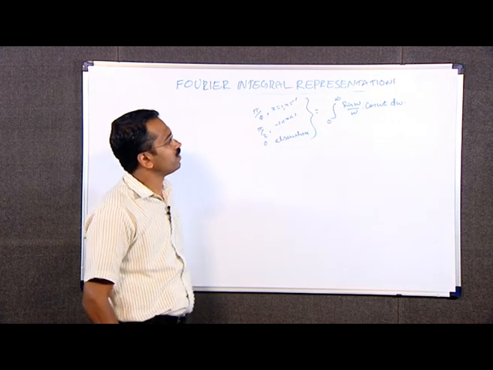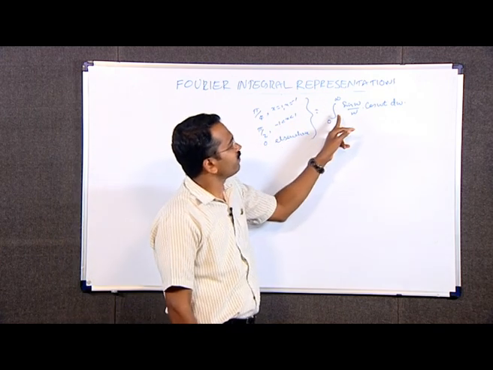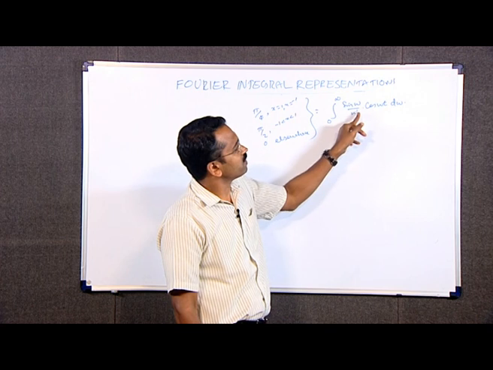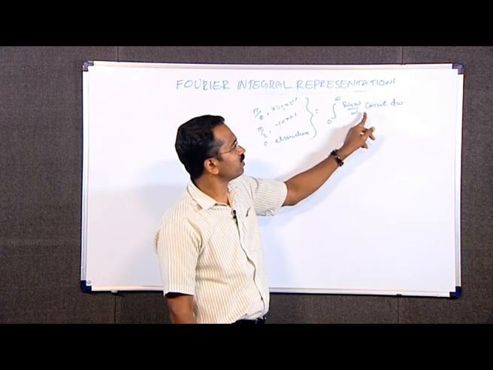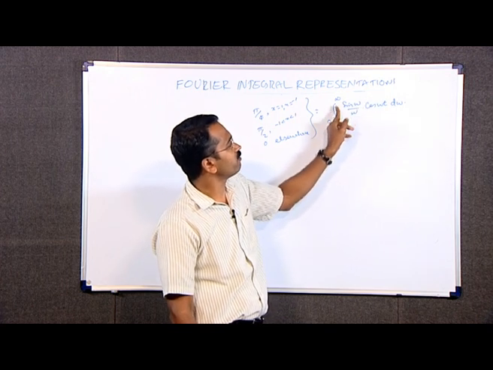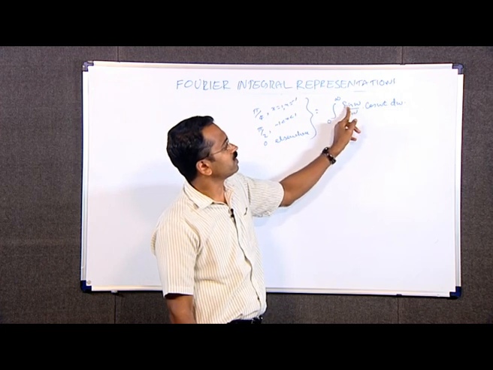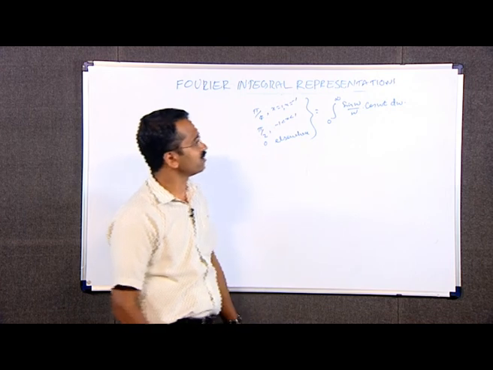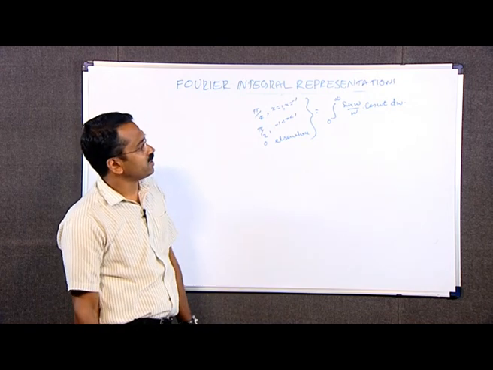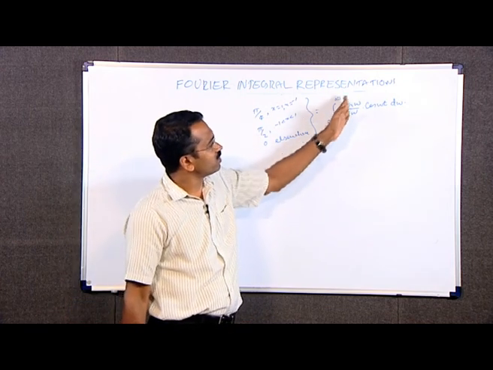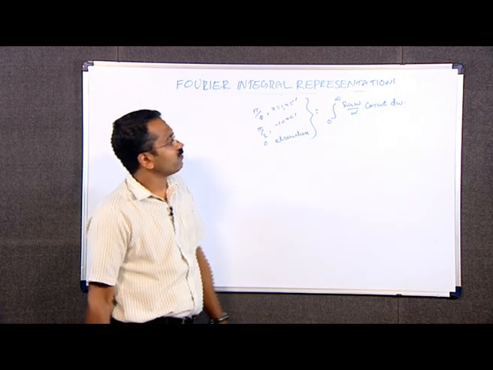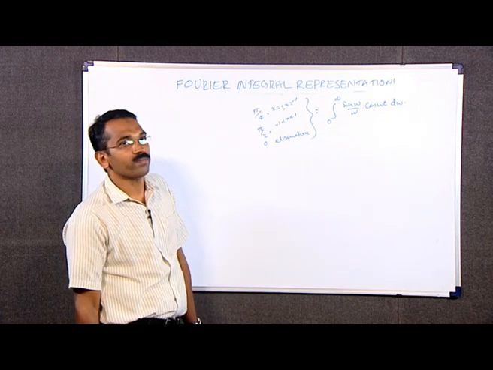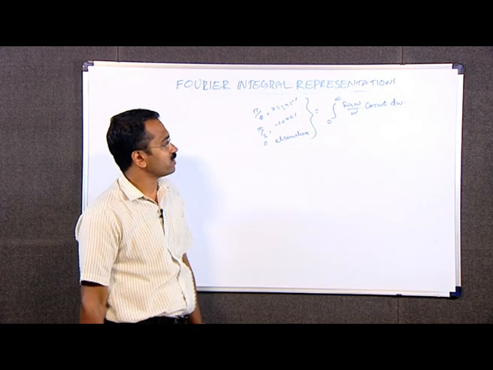This integral is a Fourier integral representation of an even function, because it is of the form integral from 0 to infinity of a function of omega into cos omega t d omega. Here sin omega t is absent. Therefore, this integral is a Fourier representation for an even function.